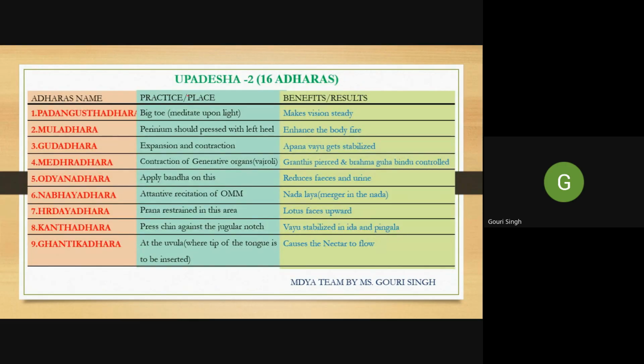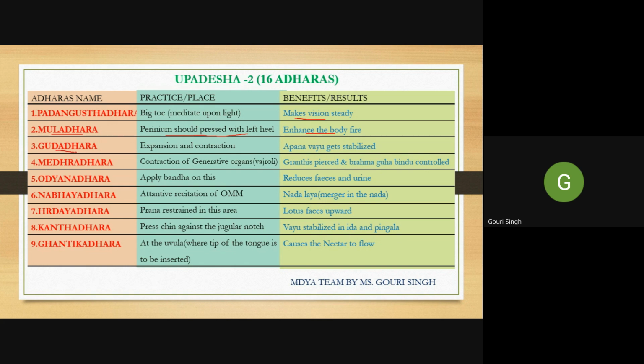And we already discussed the Padagusta Adhara, that is the big toe. You have to meditate on the light, then one will get vision steadiness. Mula Adhara, the perineum, should be pressed with the left heel, so that the body fire increases.